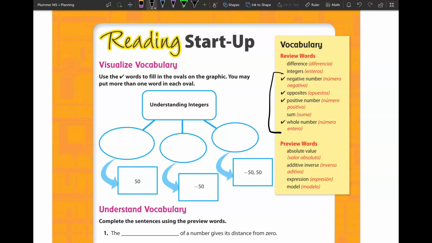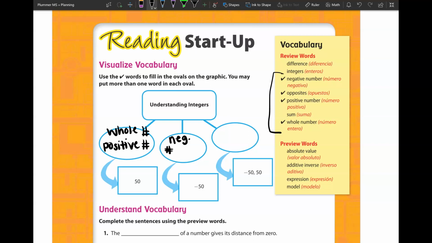Well, I know the middle oval, -50, is a negative number. 50, well, that's a whole number, and it's a positive number.